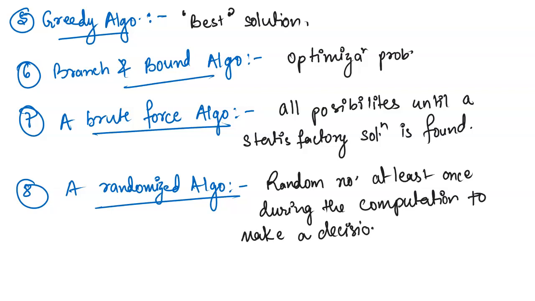Let us take an example to understand it clearly. For example, in quick sort, using a random number to choose a pivot, or trying to factor a large prime by choosing a random number as a possible divisor.